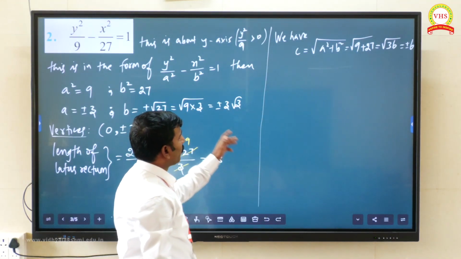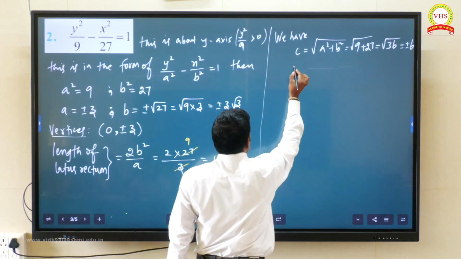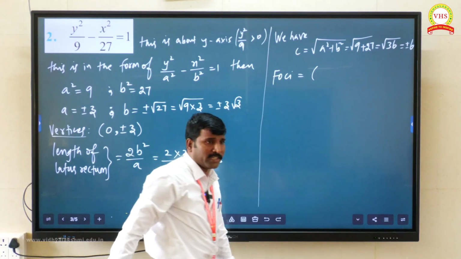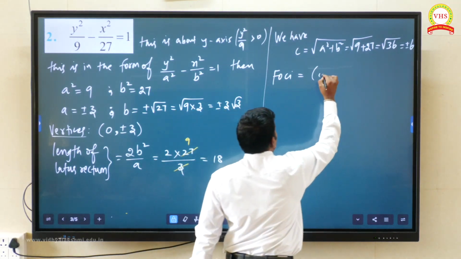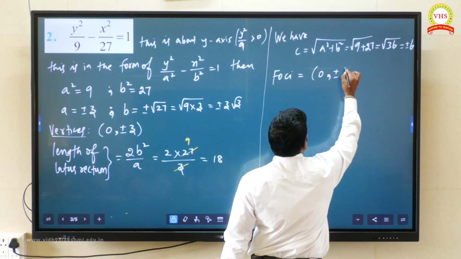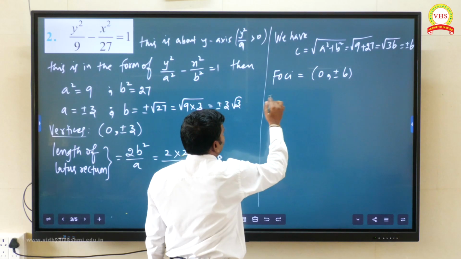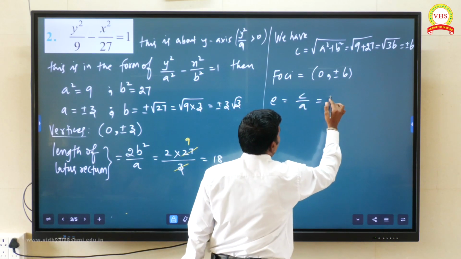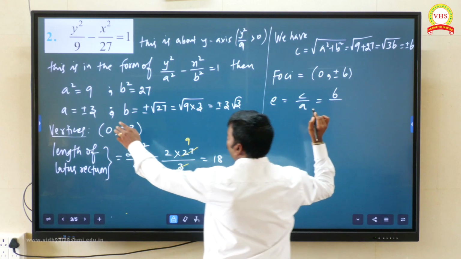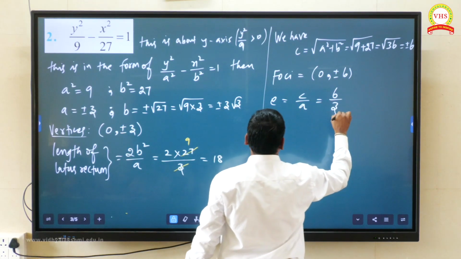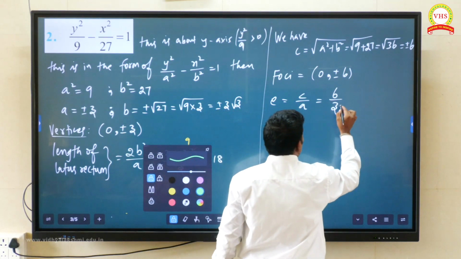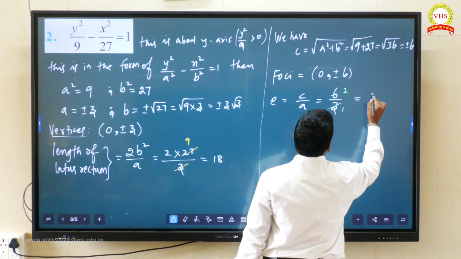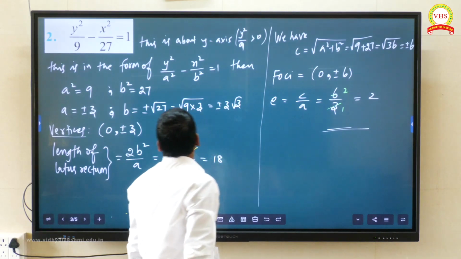After getting the c value, very easily you can find the foci. It's about the y-axis, so the foci are 0 comma plus or minus 6. And eccentricity is c divided by a, which is 6 divided by 3, which is 2. That's it, children. We got it?